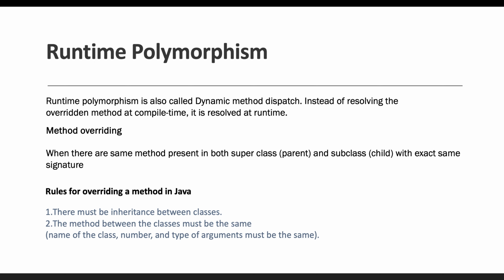The exact same method available in the superclass should be available inside the subclass. The definition can be anything, but signature wise it should be exactly the same. So the name of the method, and the number and type of arguments must be the same in case of method overriding.